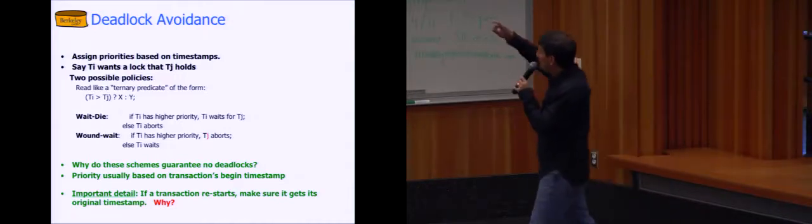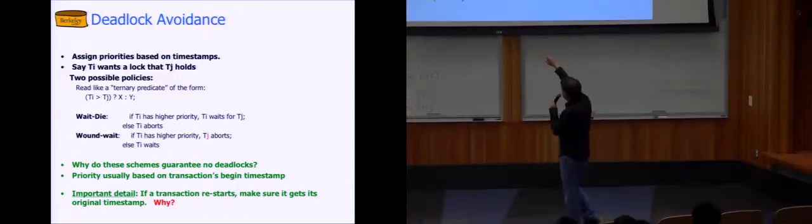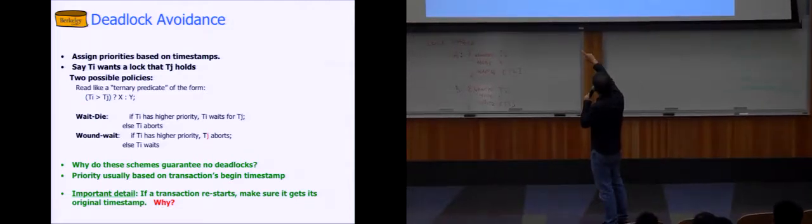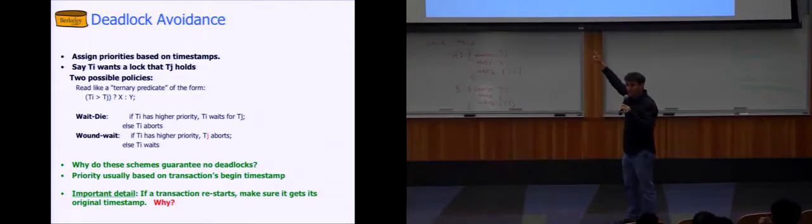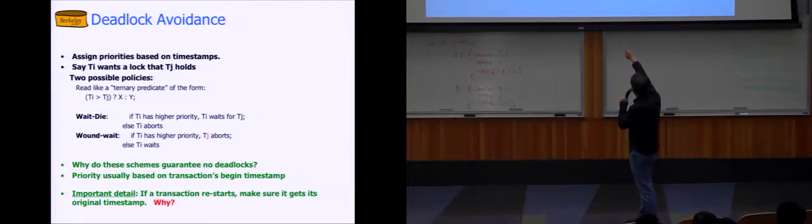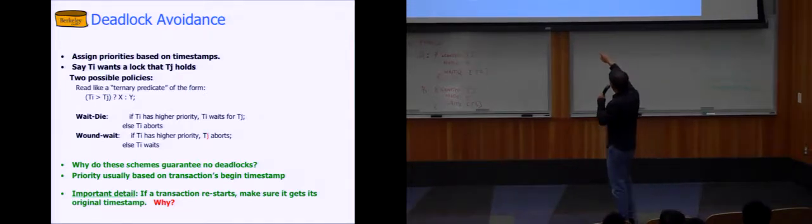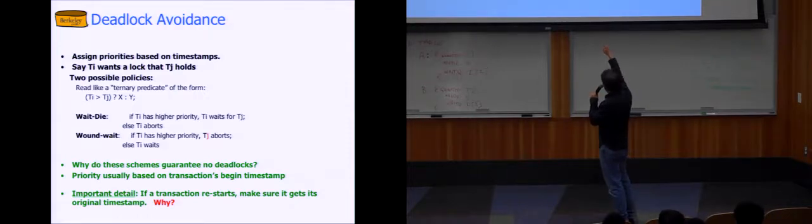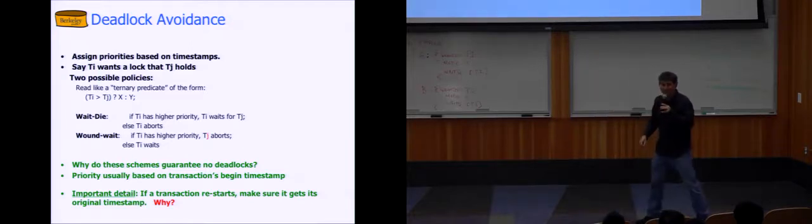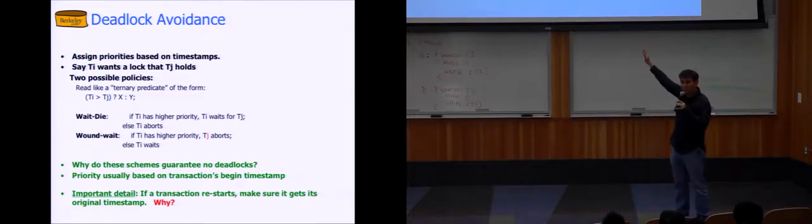In the first one, wait-die, old people wait, and young people commit suicide. If you're young and you run into something with higher priority than you, you abort. In the second one, old people kill young people. Otherwise, young people wait. So no matter how you slice it, it's good for old people.